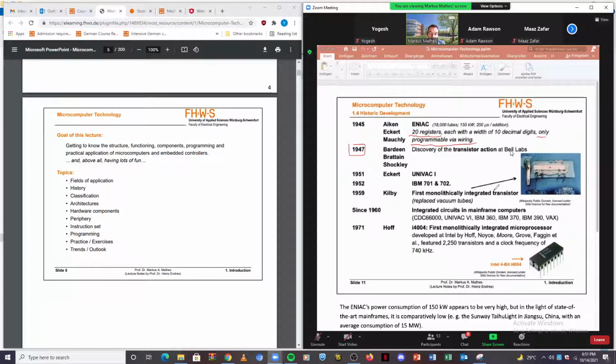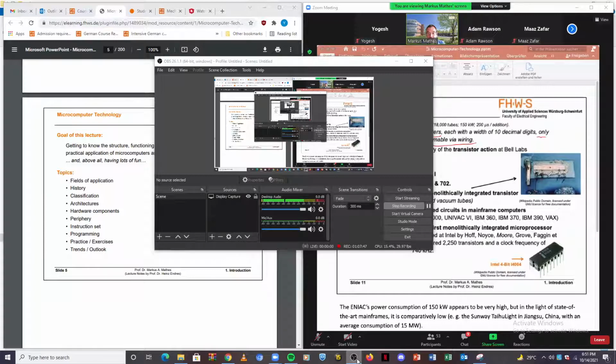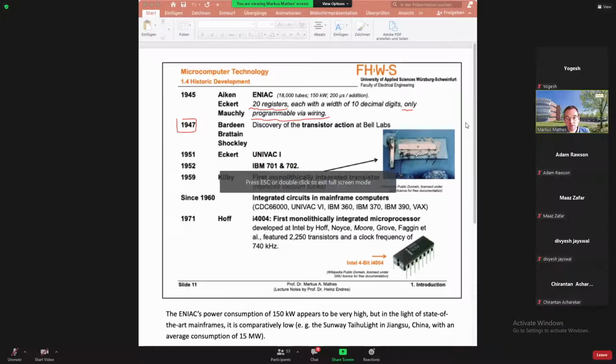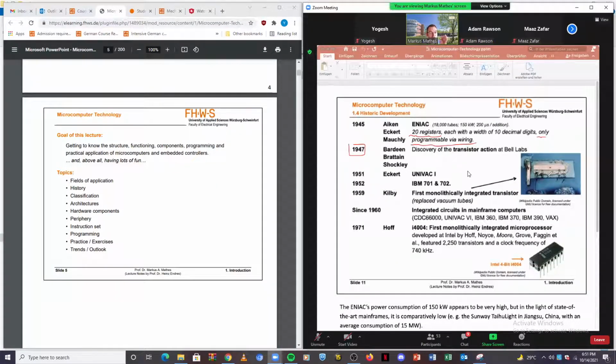And here on the right side, there is a picture of the first monolithically integrated transistor. So integrated, it's still a big piece of hardware, so not comparable with today's integrated circuits with nanometer production size. But yeah, this was the beginning.